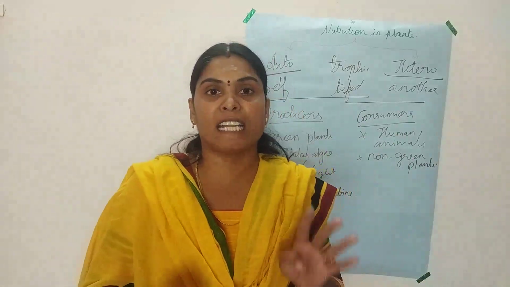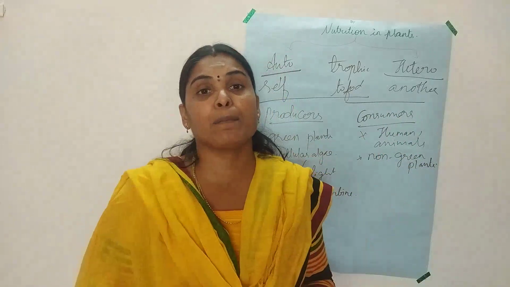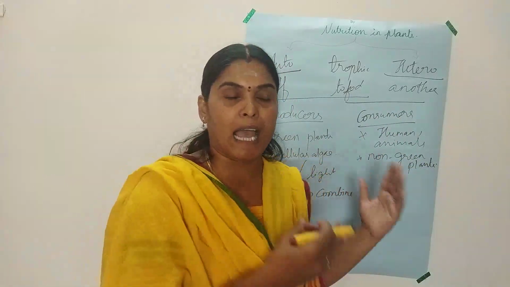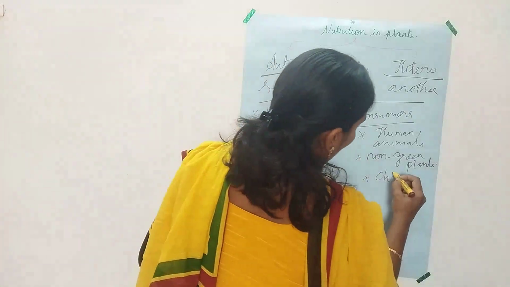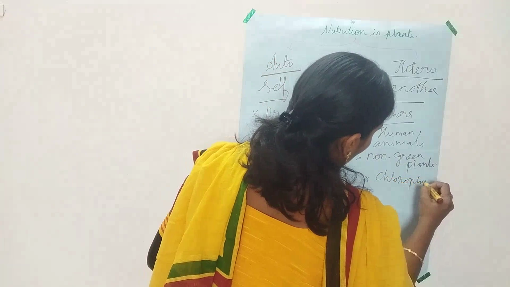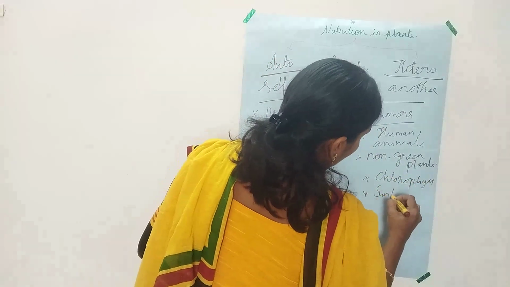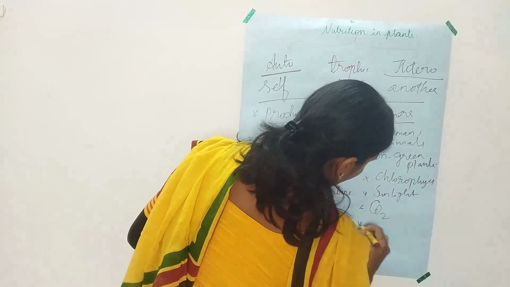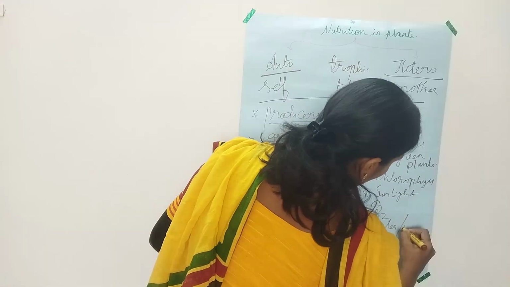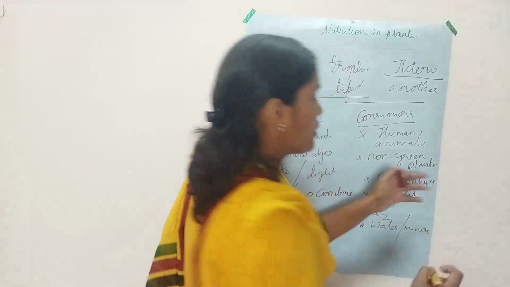How does this photosynthesis happen? There are 4 essential factors that are very important for photosynthesis to happen. The first one is chlorophyll. The second one is sunlight. The third one is carbon dioxide. The fourth one is water and minerals. So chlorophyll.